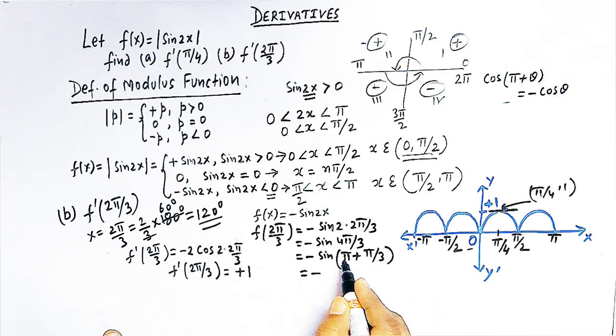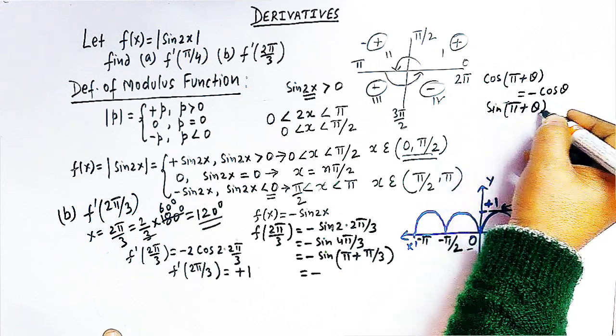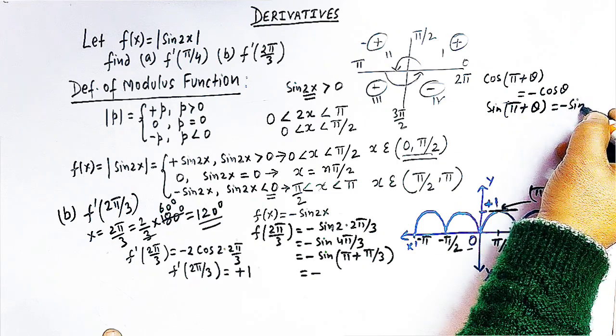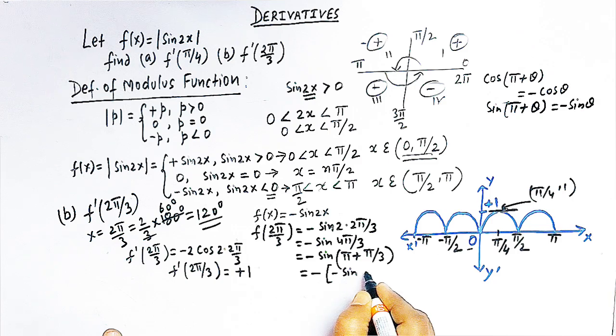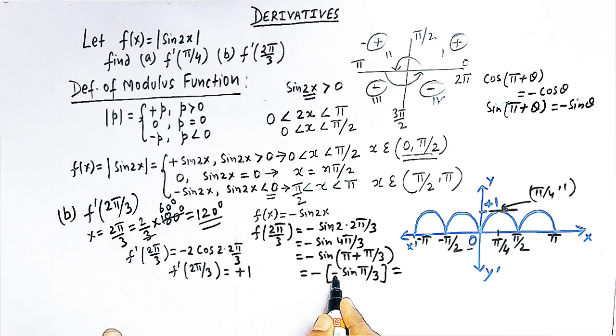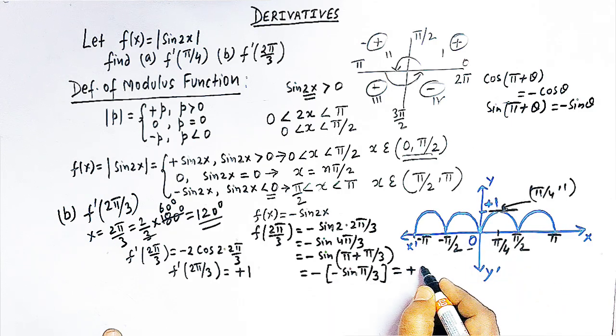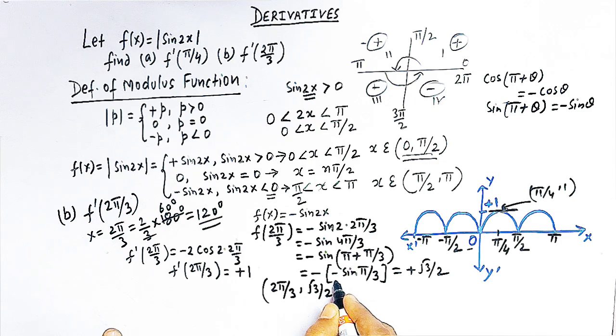Again from trigonometry we know that sine of pi plus theta is equal to negative sine theta. Here theta is pi by 3, so we have minus minus sine pi by 3, which is plus. So we have sine pi by 3, which is square root of 3 over 2, right? So now we have the point 2 pi by 3 comma root 3 over 2.